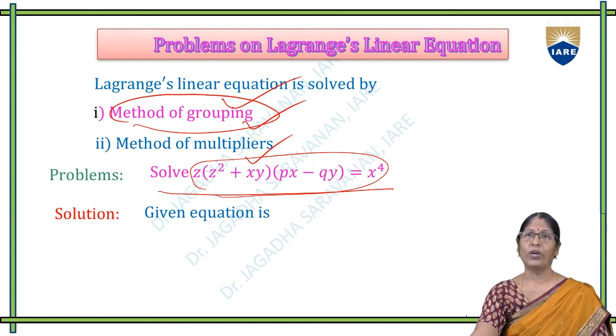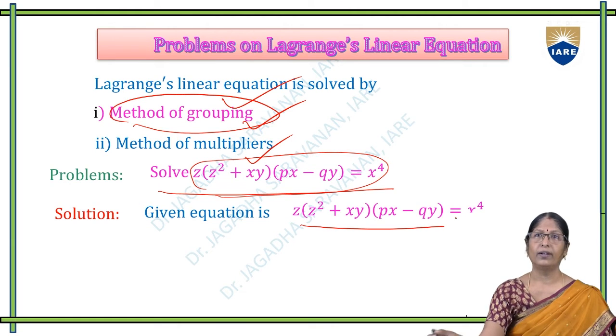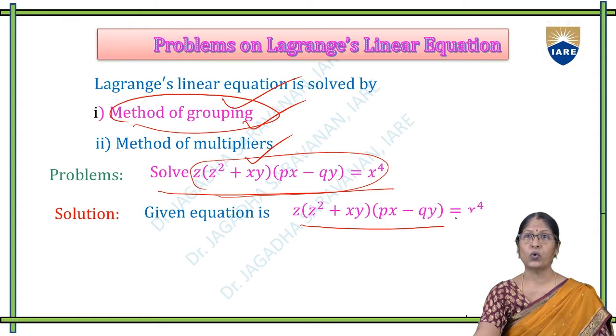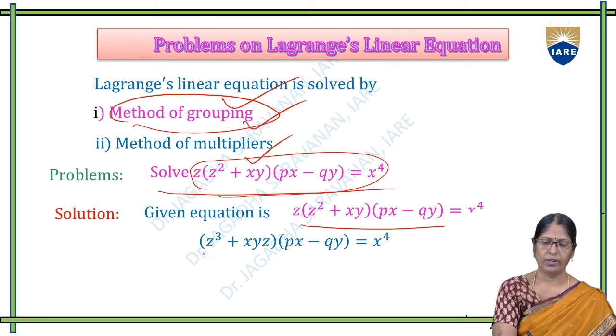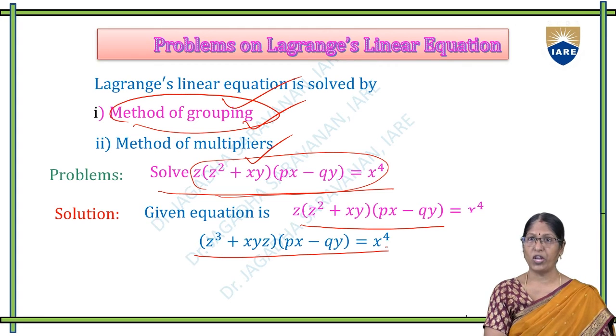Our given equation is z(z² + xy)(px − qy) = x⁴.